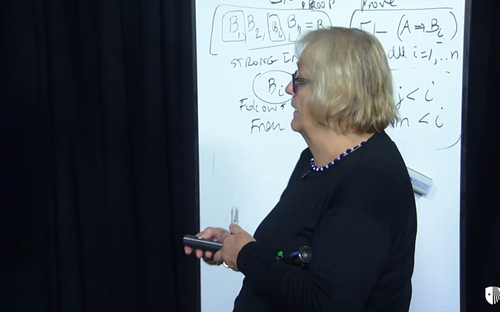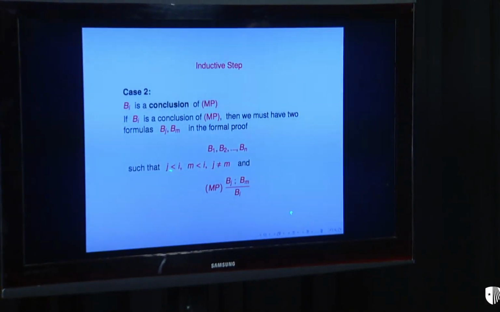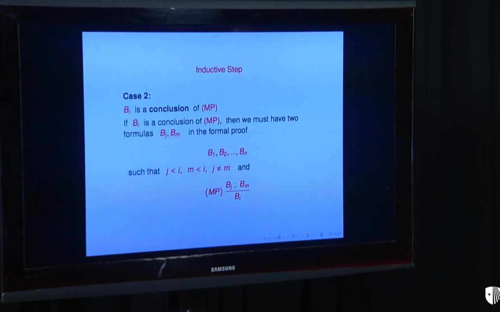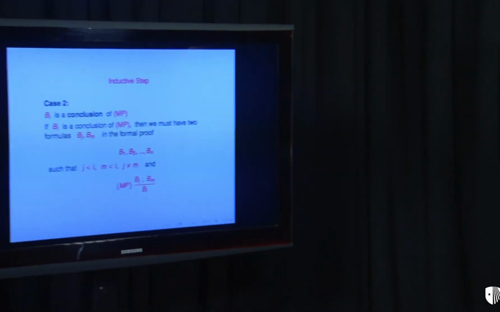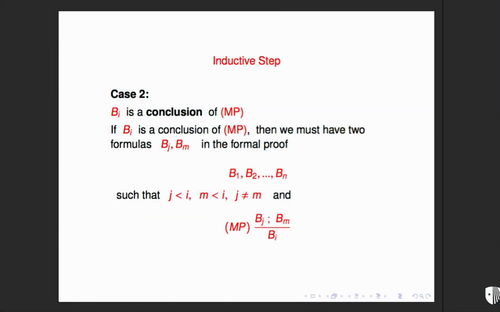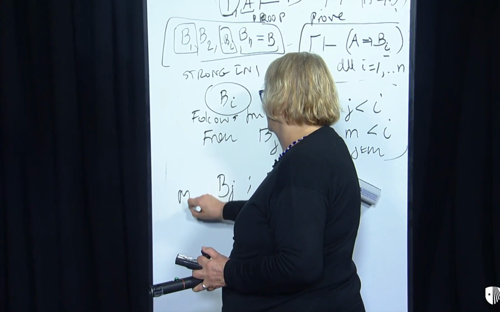So by the definition of formal proof, we have Bj and Bm where j is less than i, m is less than i, and of course they are different, such that from Bj and Bm you get Bi by modus ponens.